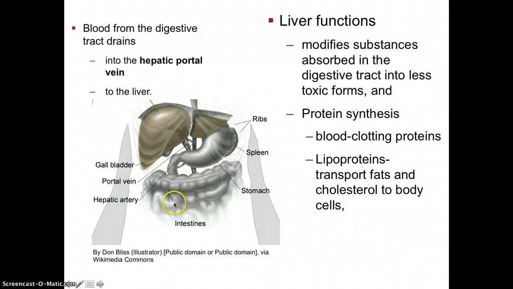Immediately after these compounds are absorbed into the blood, instead of going to the heart and getting pumped out everywhere in the body, they first go to the liver. So you've got all these blood vessels from the small intestines, all these veins, and then they all flow into this one hepatic portal vein.